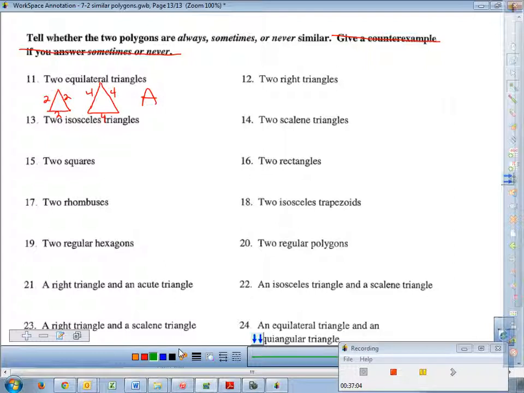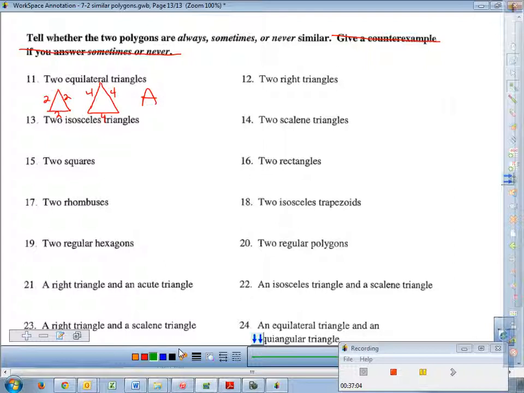Two isosceles triangles. Well, let's think about it. Will the corresponding angles be congruent to each other in an isosceles triangle? Every time. What's an isosceles triangle again? It's got how many sides the same?